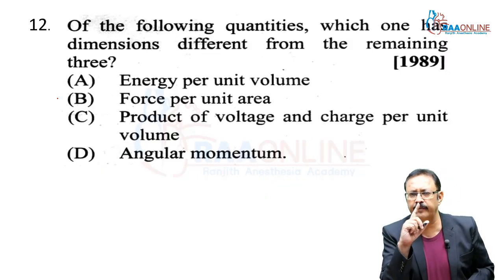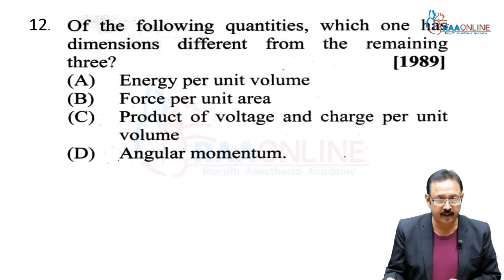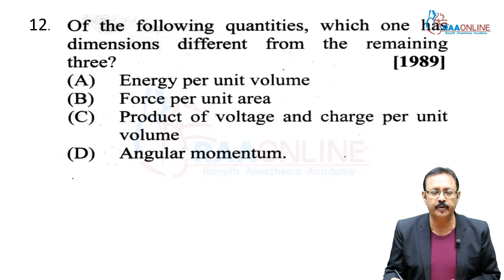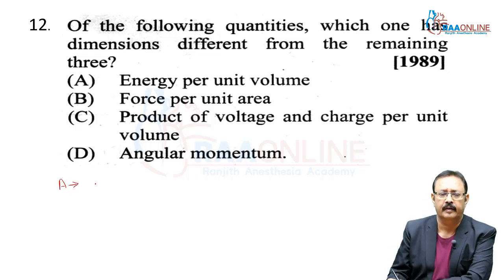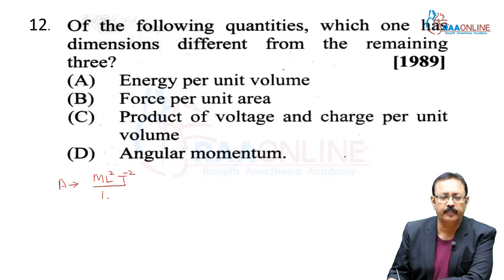Of the following quantities, which one has dimensions different from the remaining 3? It means we have to calculate for all. Energy per unit volume: first we are calculating A. Energy means M L2 T minus 2 divided by unit volume.